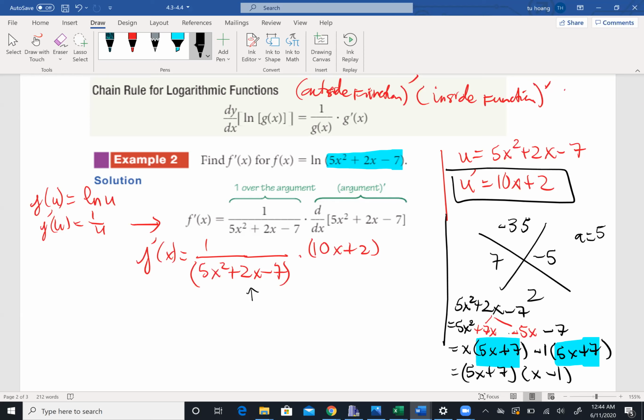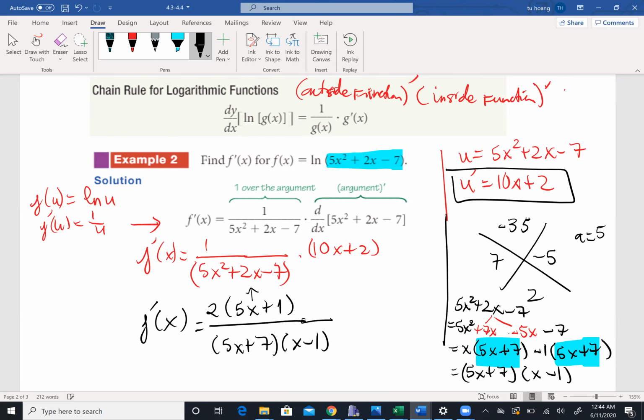So it looks like I can factor this, but let's see if I can cancel anything. On top, I can even factor it to become 2 times 5x plus 1. And the bottom becomes 5x plus 7 and x minus 1.